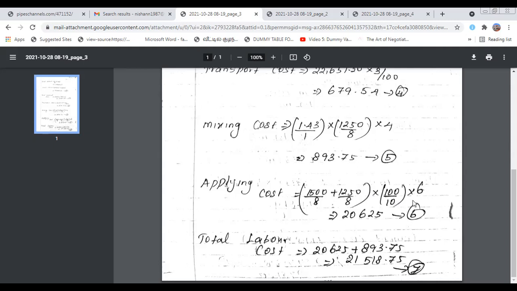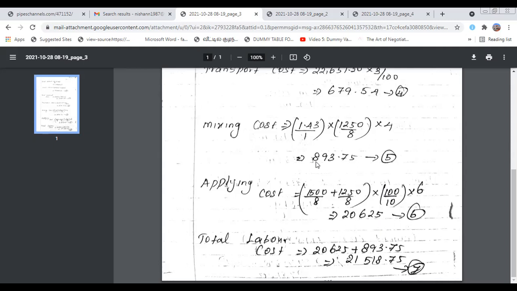We want 100 meters square, so multiply by 100 divided by 10. So we can calculate the applying cost for the 100 meters square: 20,625.